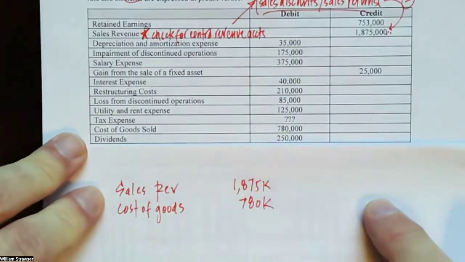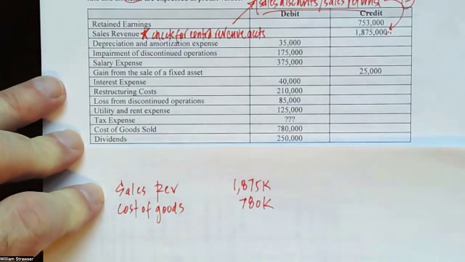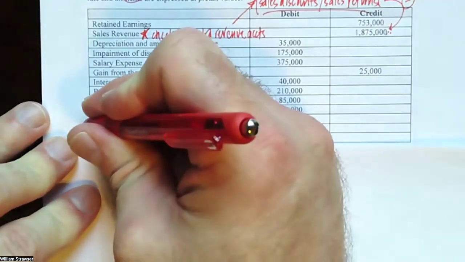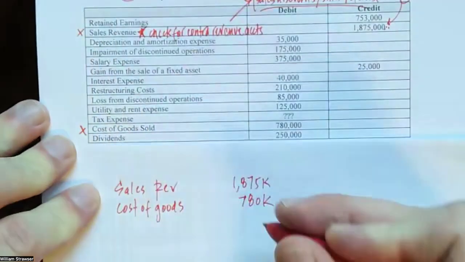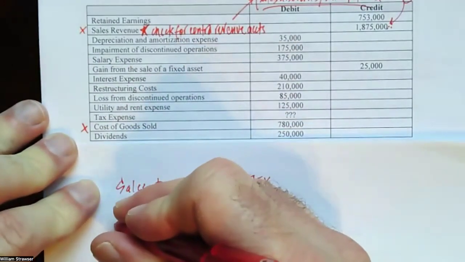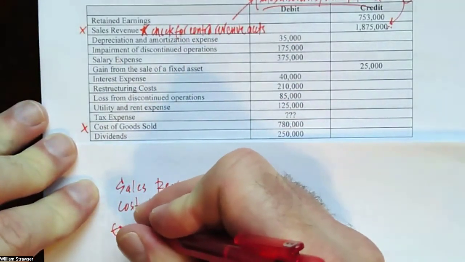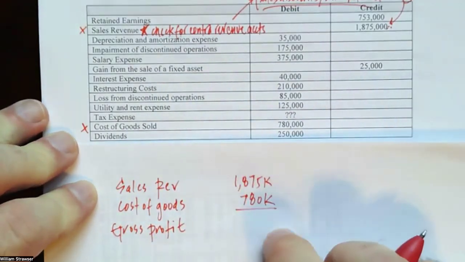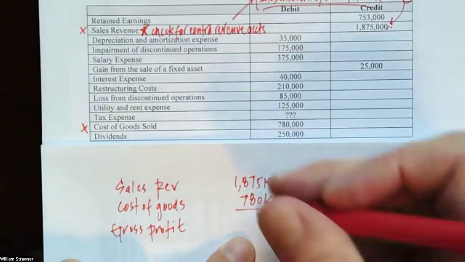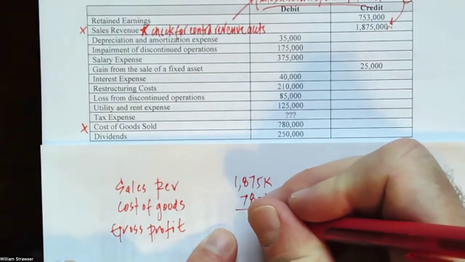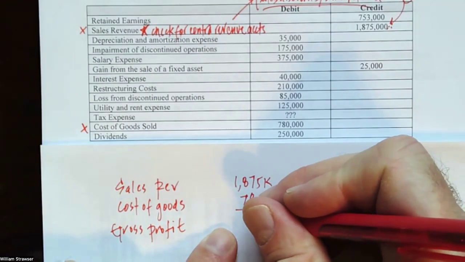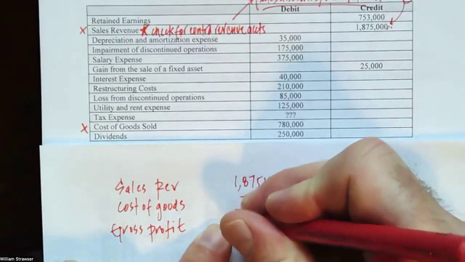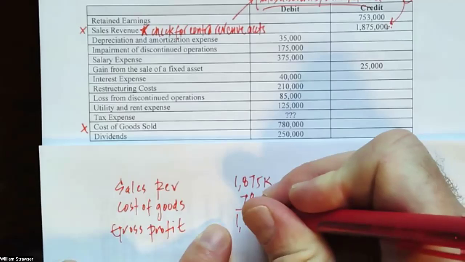And if there's no cost of services or cost of sales listed among the rest of these, then we can just take that as our gross profit. And the gross profit here would be 1,095,000.